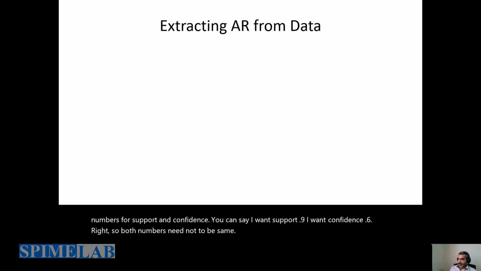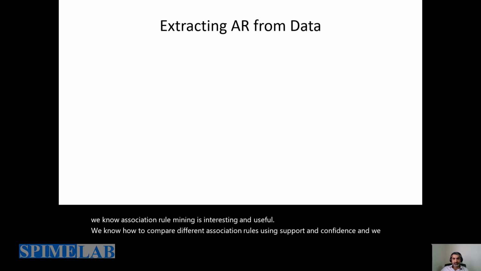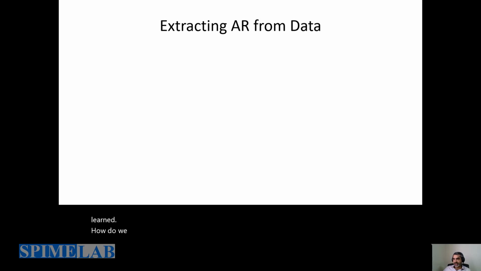Recap. We know association rule mining is interesting and useful. We know how to compare different association rules using support and confidence, and we learned how we calculate these two numbers as simple probabilities of the item set.